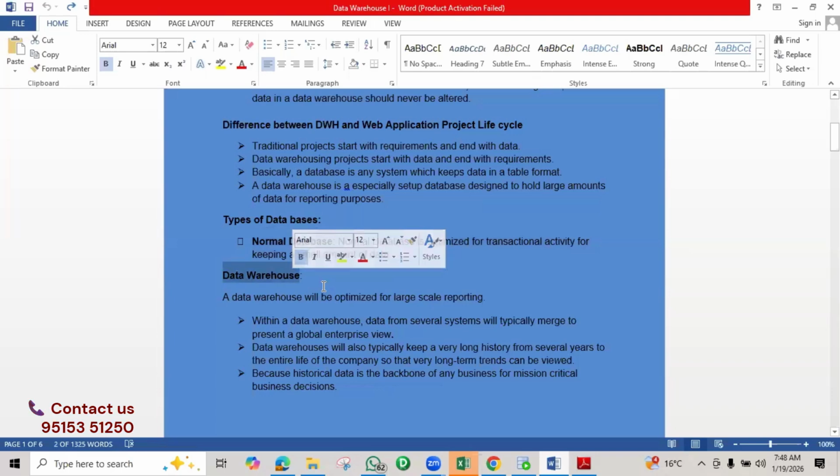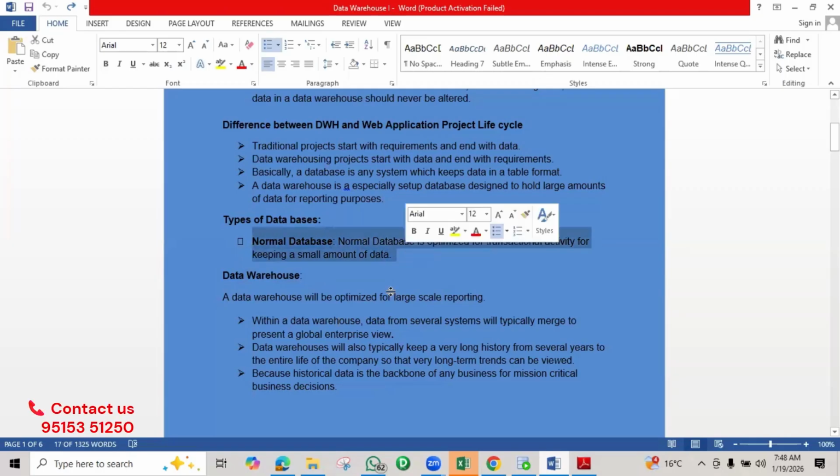Imagine that she has an account and she has been doing a cash withdrawal daily for 2 years. Today also she has done one transaction. So how many records, guys, will be available in the normal database? One record. Maybe imagine she has done two transactions today, so hardly two records will be there.